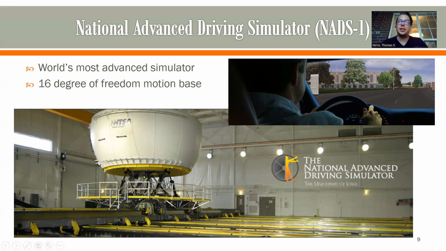And then this entire cab here will literally move, in what we call 16 degrees of freedom. So it can create all the pitch, roll, yaw, X, Y, Z, every dynamic that you might naturally experience on the roadway, it can fairly reliably recreate that.